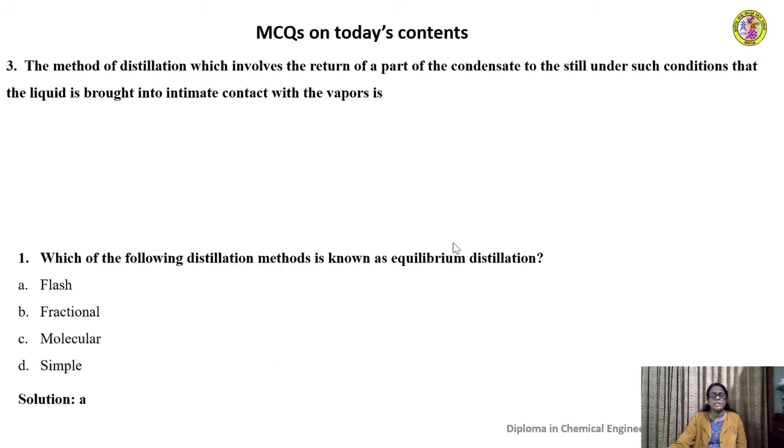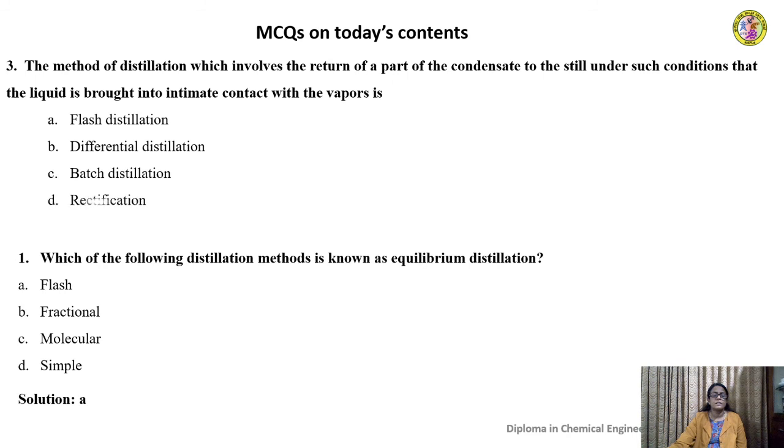The method of distillation which involves the return of a part of the condensate to the still under such conditions that the liquid is brought into intimate contact with the vapors is: flash distillation, differential distillation, batch distillation, or rectification.